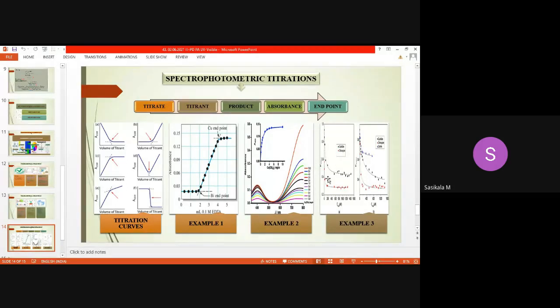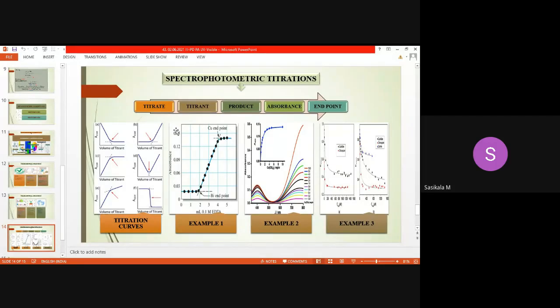Here you can find some examples also, you can quote them. 0.1 molar EDTA is taken as titrant, and absorbance is taken on the y-axis. What is the ideal absorbance? I said that it is 0.1 to 0.9. So you can observe that the y-axis will not cross 1. To obey Beer-Lambert's law, the ideal absorbance must be 0.1 to 0.9.